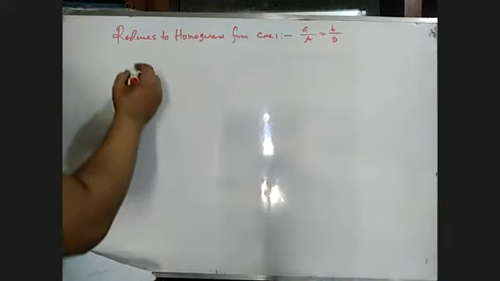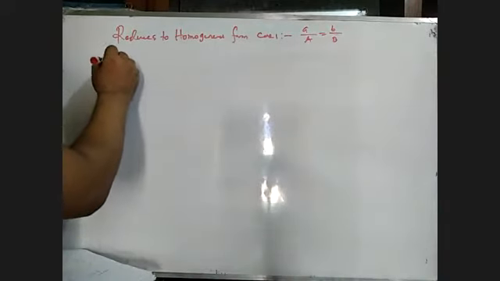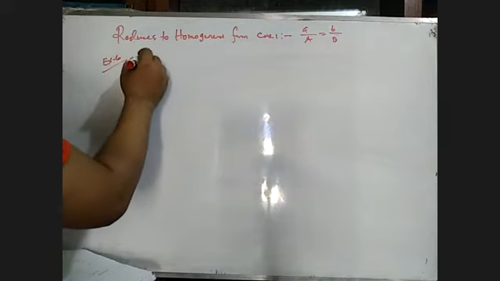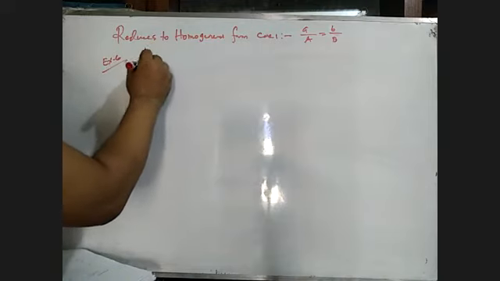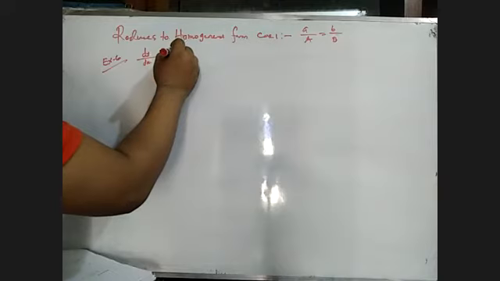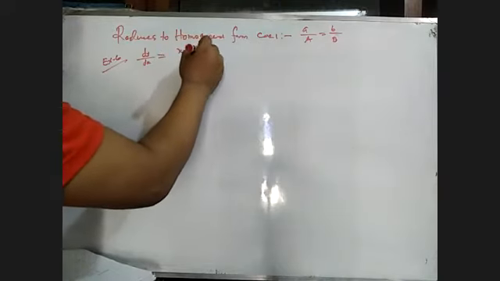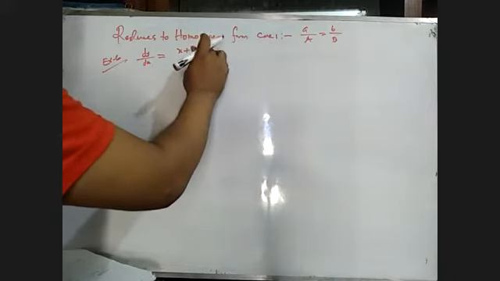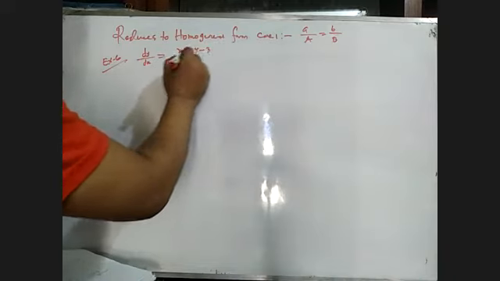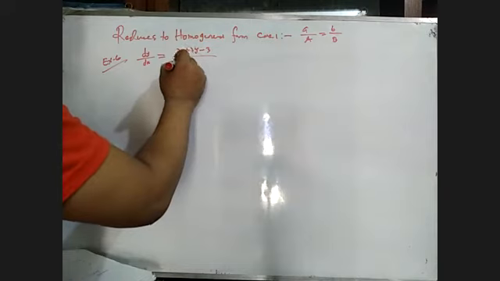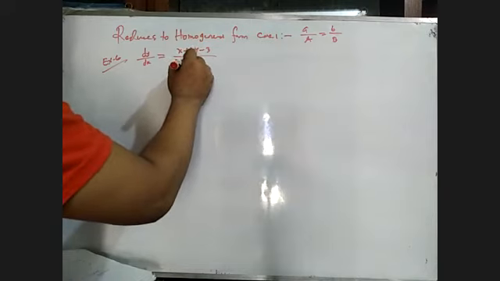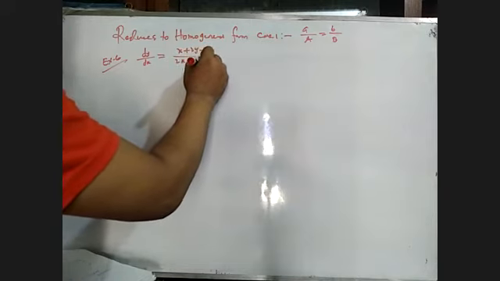Suppose an example, example 6: dy/dx equals (x + 2y − 3) divided by (2x + y − 3).